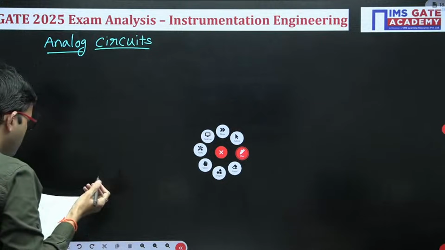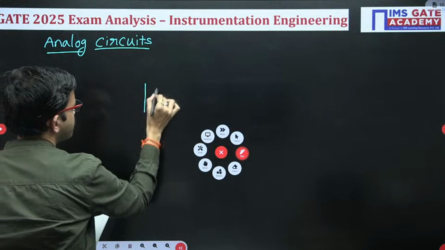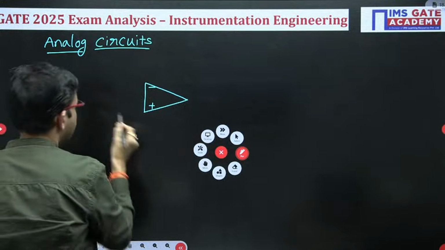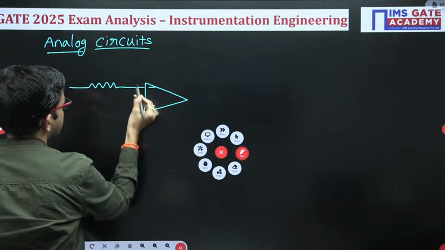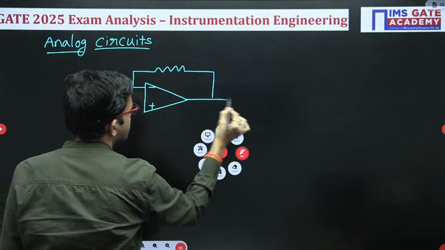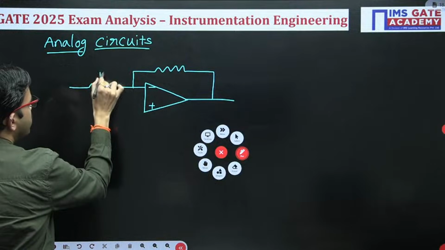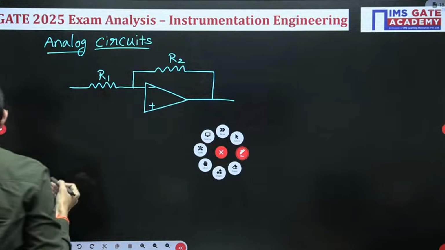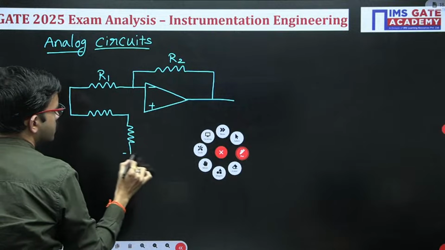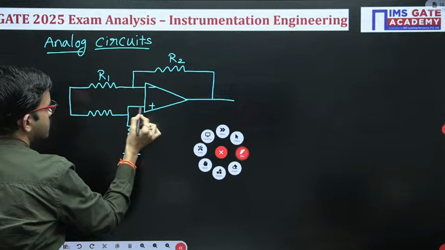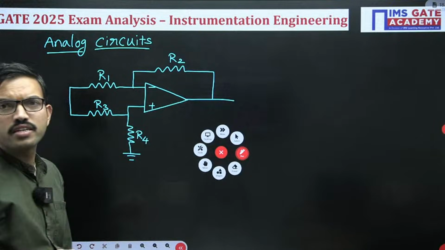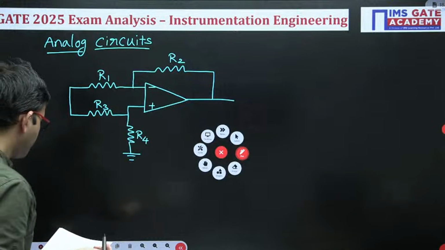In this particular question, they have given the circuit diagram like this: R1, R2, then two more resistors, R3 and R4.